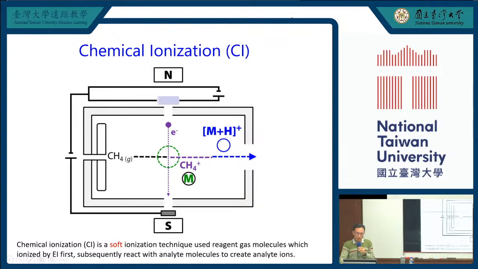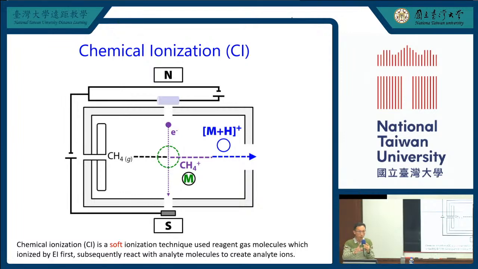So this is EI, right? The EI voltage is here, and we use the reagent gas here. In this case, we use methane as the reagent gas. So EI produces the charged reagent gas, and then this ionized gas transfers the proton to your analyte, so your analyte is protonated.